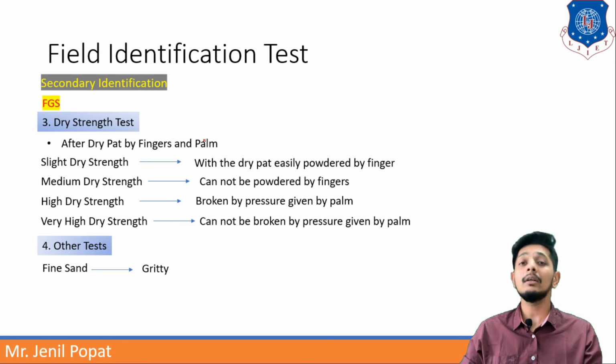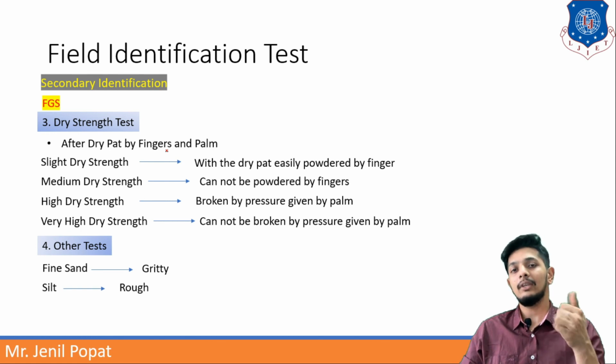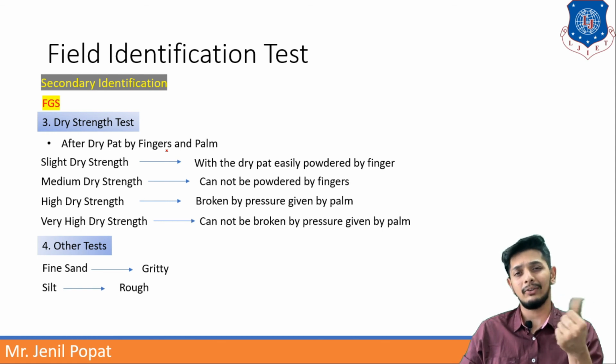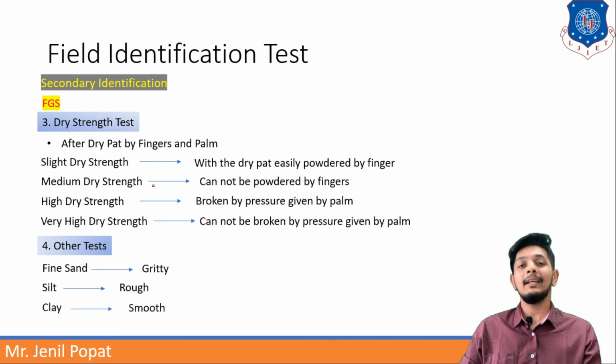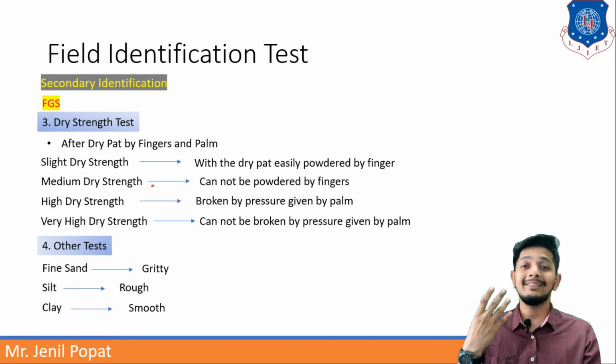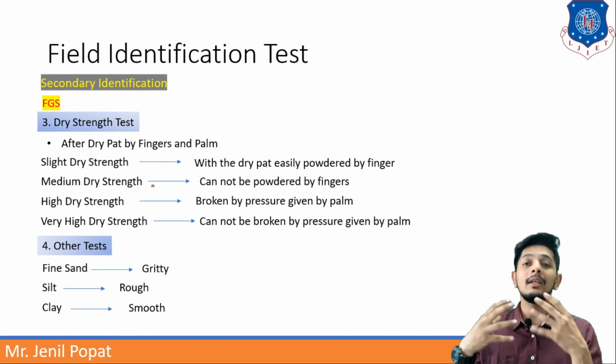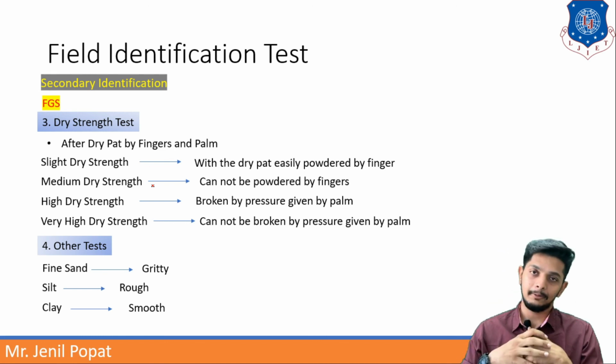Silt will have a rough feeling. Clay will have a smooth feeling. If you touch talcum powder at your home, it will give a smooth feeling, right? So clay will give a smooth feel like that.